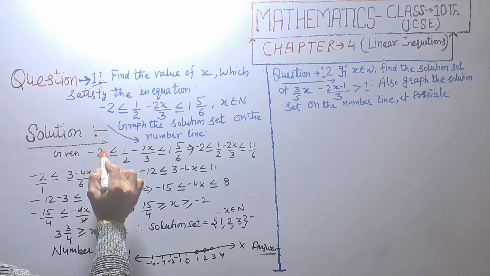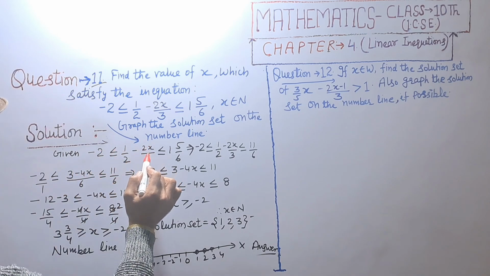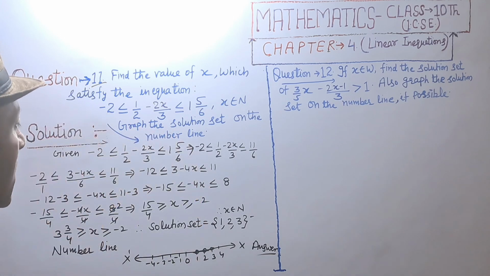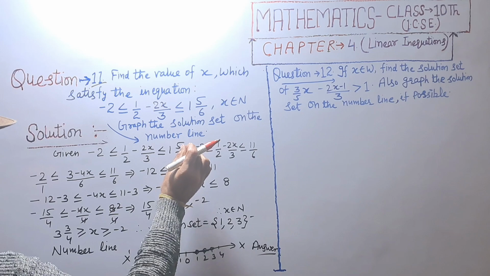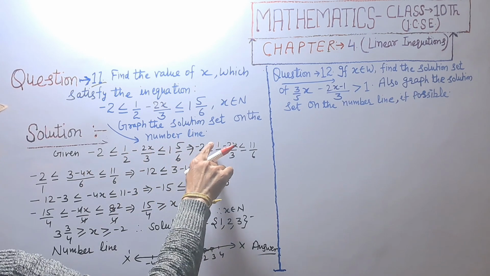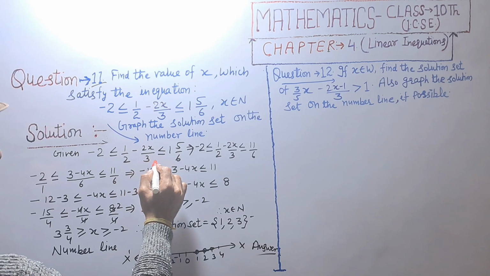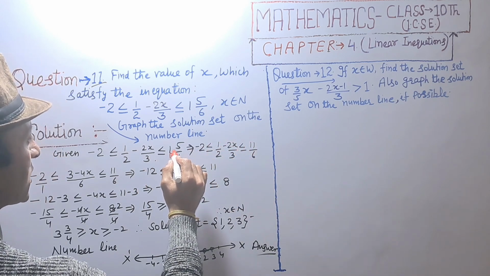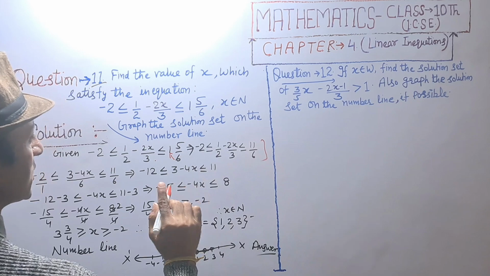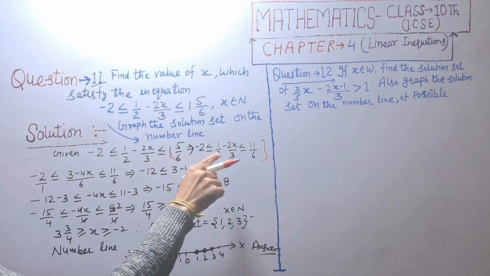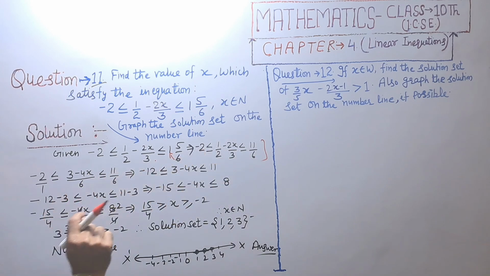Given question is -2 ≤ 1/2 − 2x/3 ≤ 1 5/6, which implies -2 ≤ 1/2 − 2x/3 ≤ 11/6, since 6 ones are 6 plus 5 is 11 upon 6. First step: the LCM of 2 and 3 is 6.